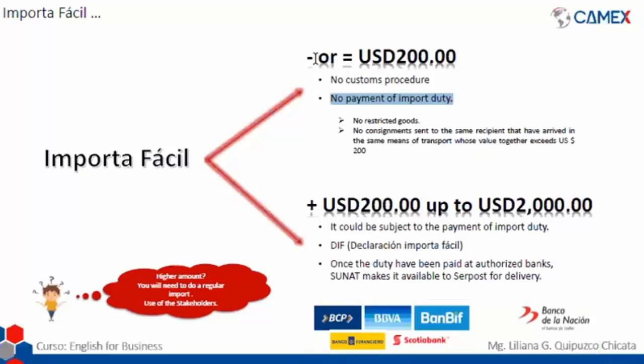Now, there are two really important characteristics about the products that are $200 or less. In this case, you cannot import restricted goods.